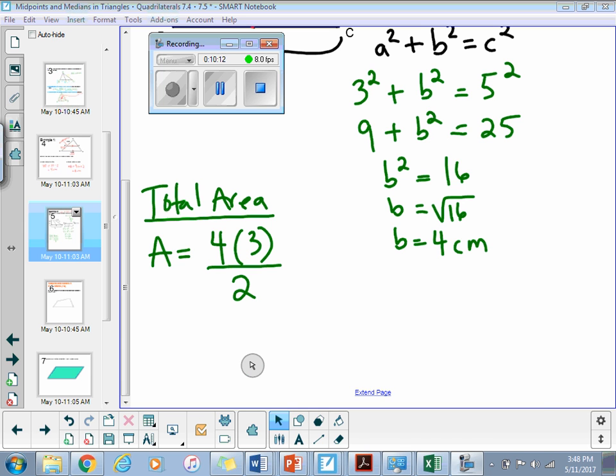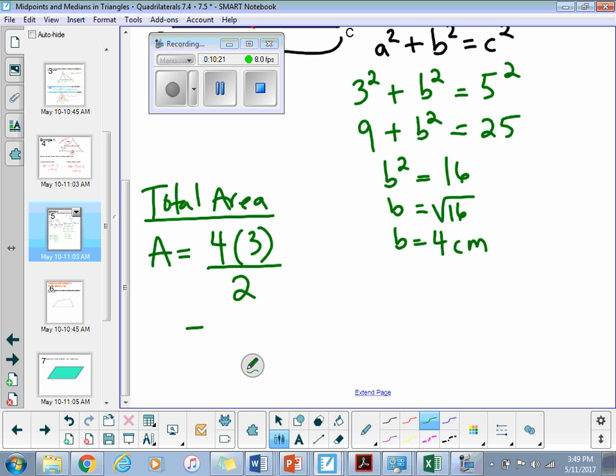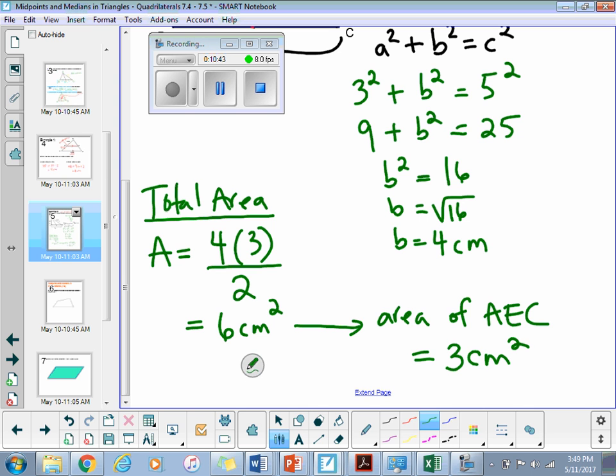So the base, which is the 4, times the height, which we know is 3, but half, which is why we're dividing it, and that turns out to be 6 centimeters squared. Okay? Now that's the original triangle, but because we want the triangle for AEC, or area of AEC, that's going to equal 3 centimeters squared.